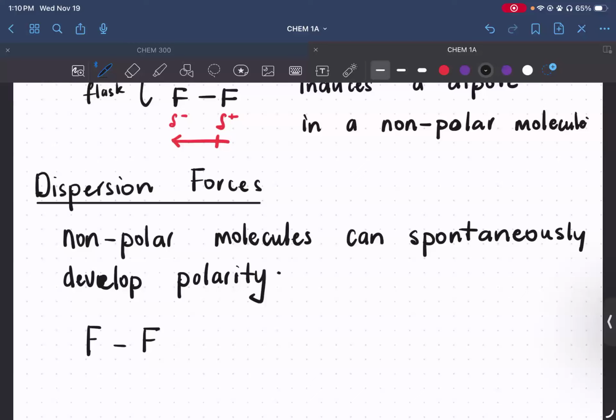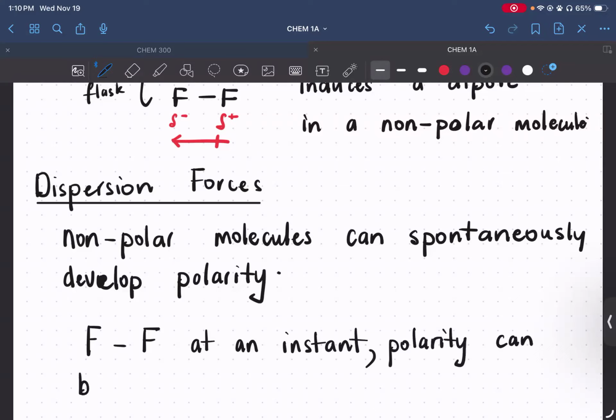But just like a game of tug of war, it's kind of in dynamic equilibrium. In other words, at an instant, polarity can be established. Just randomly. We're talking about a time scale of like milliseconds.